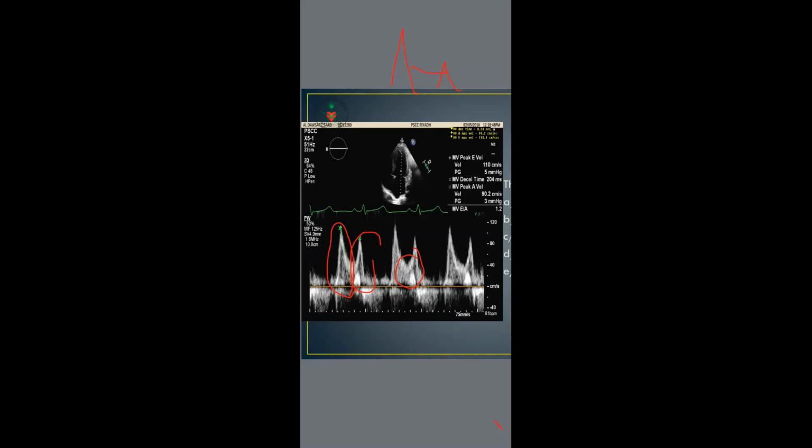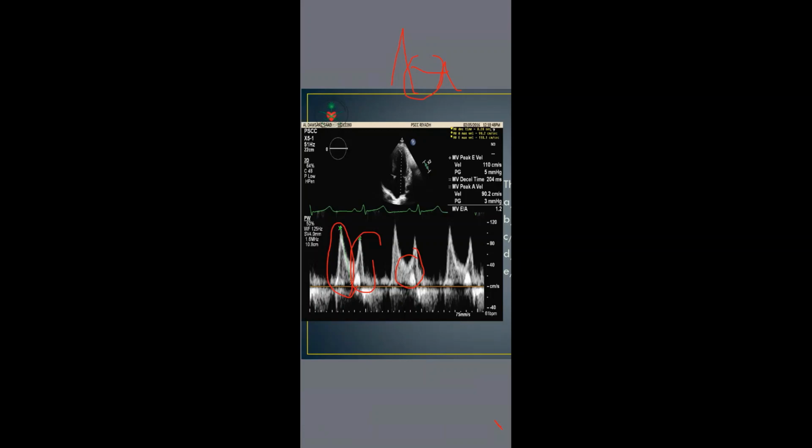Normally, in mid-diastole we assume equalization of pressure between the left atrium and the left ventricle, so the gradient is zero and therefore no flow. But in diastolic dysfunction, because the LA pressure is high, it will remain high in mid-diastole, and you will see a flow in mid-diastole. So mid-diastolic flow here indicates a high grade of diastolic dysfunction.